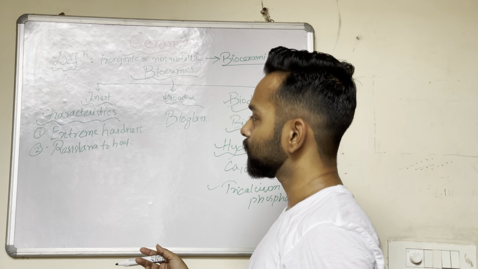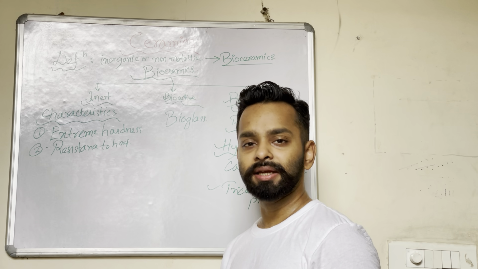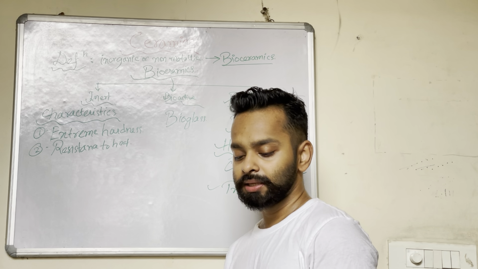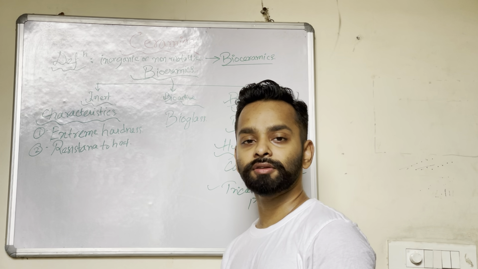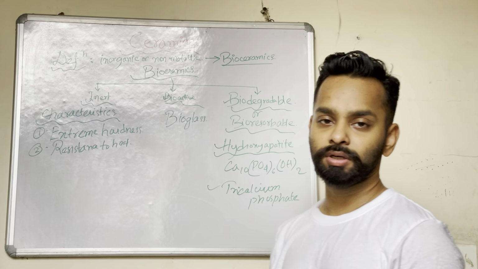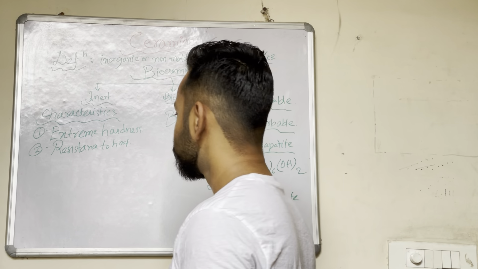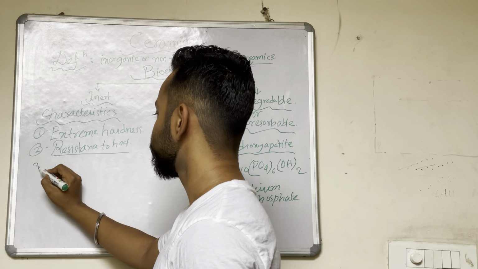Now, because these ceramic materials have the property of thermal resistance, these can be used for materials which can actually withstand temperature fluctuations or temperature changes. So these show the property of resistance to heat as well.